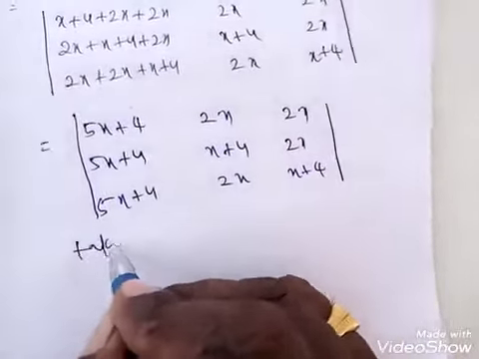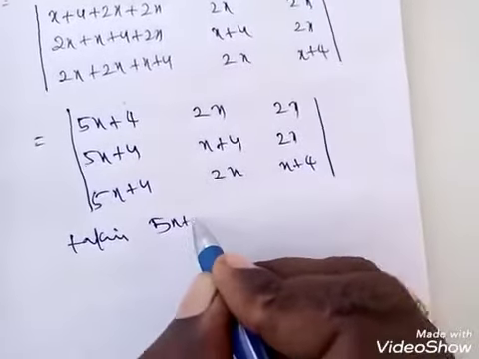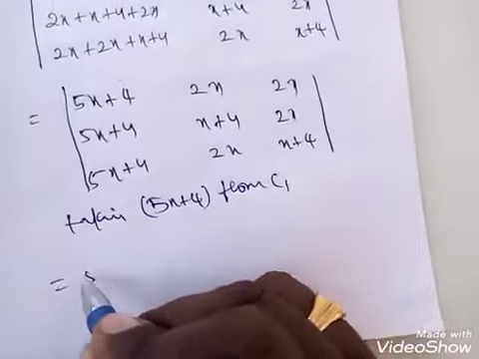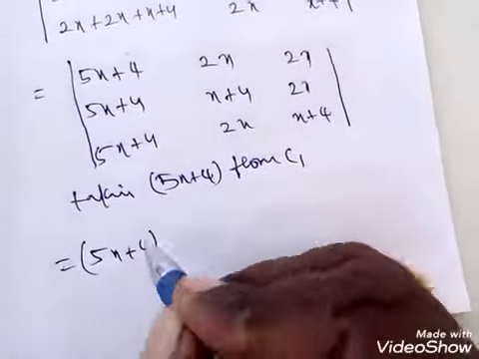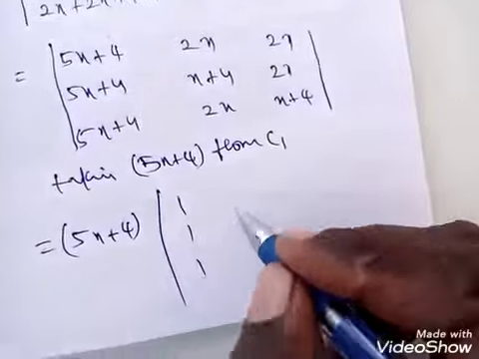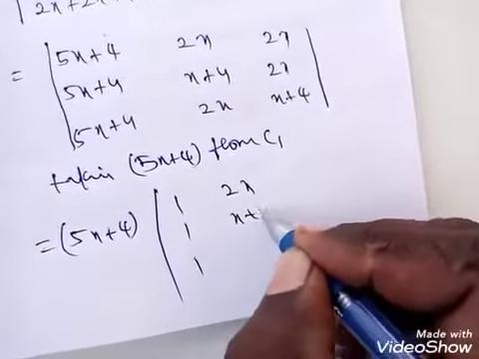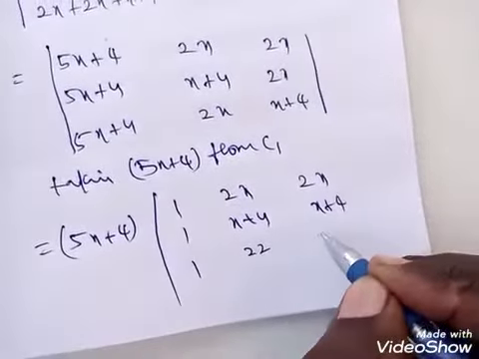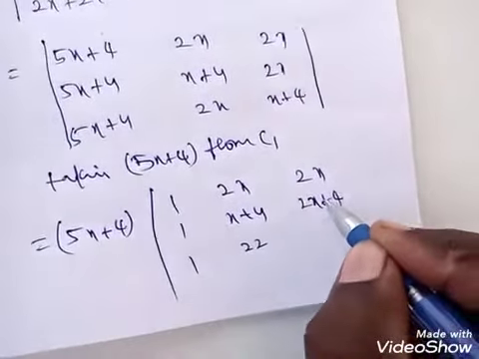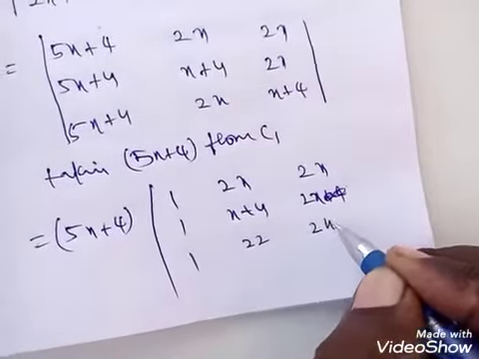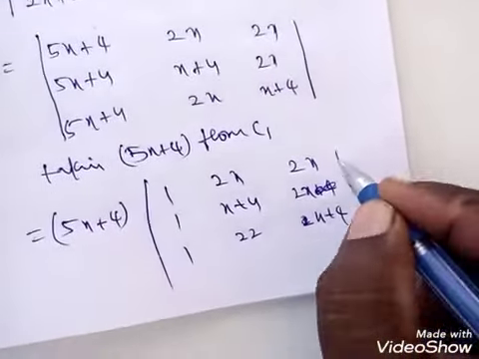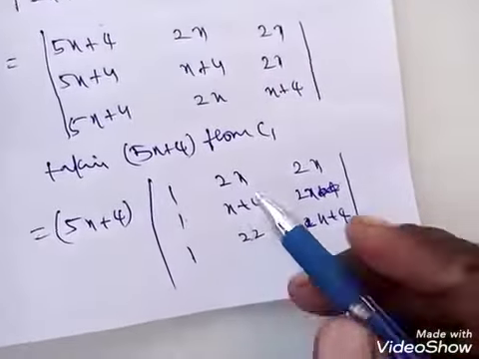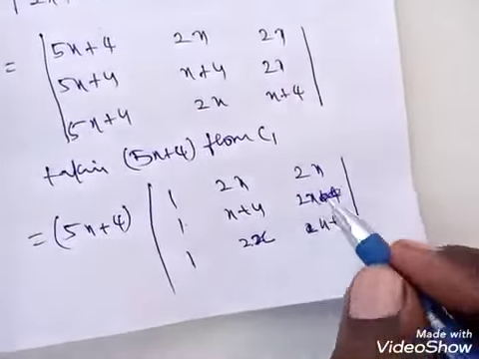Now taking common 5x plus 4 from C1, what you are going to get is 5x plus 4 into 1, 1, 1, and the rest is 2x, x plus 4, 2x, 2x, 2x, and x plus 4 as it is. Now here this is the 1, this is the 1, you can subtract.